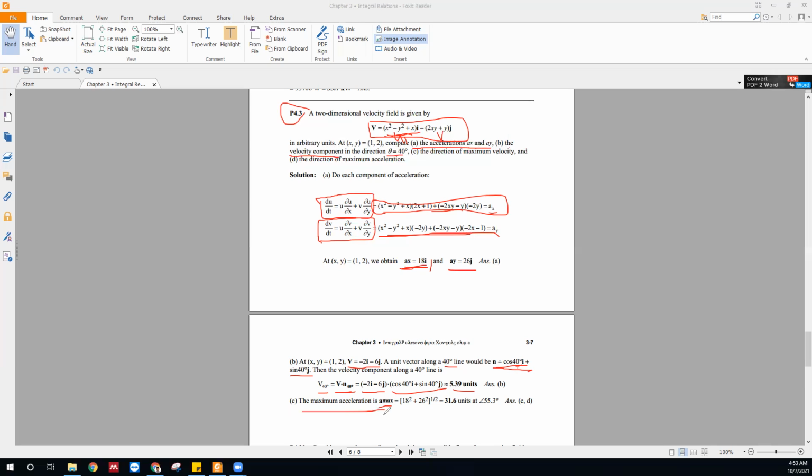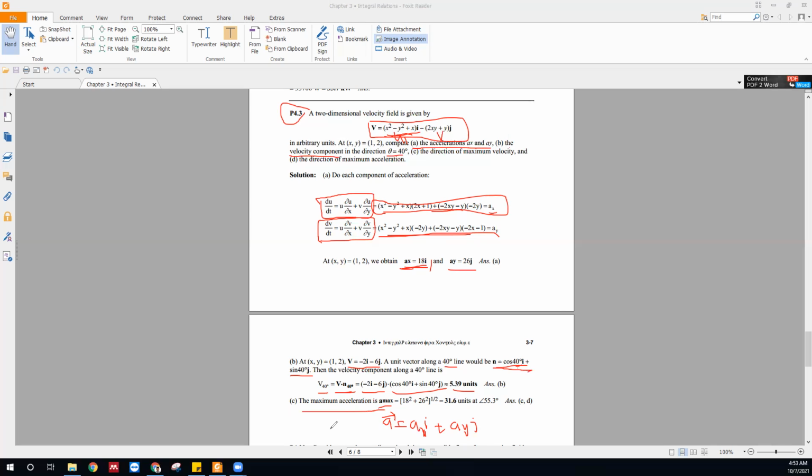So a max is basically ax i plus ay j, right? So basically the vector will be ax i plus ay j. So ax equals 18i and ay equals 26j.